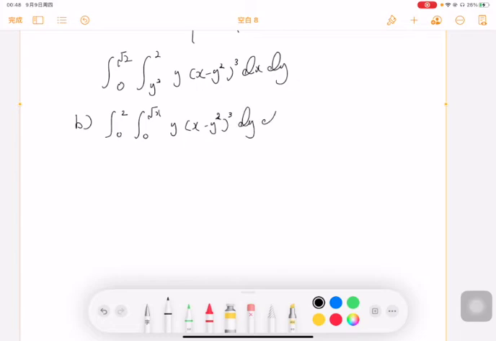I'm not sure if this is a good choice. It might actually turn out that the other one is easier, but both of them should work.